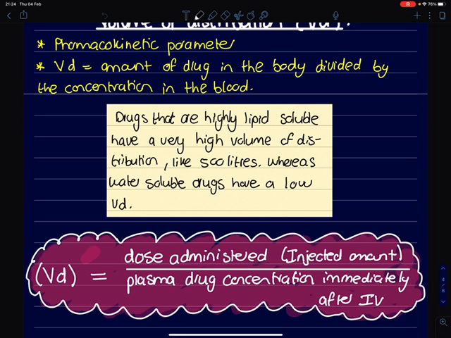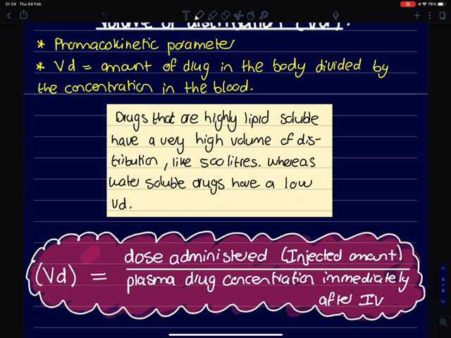And volume distribution, the major factor that has an influence to volume distribution would be lipid solubility. Because if you think of it logically, a drug that is lipid soluble, which means non-ionized, will easily diffuse through the lipid bilayers, which means it can be easily distributed throughout the body. This means it will have a high volume distribution.